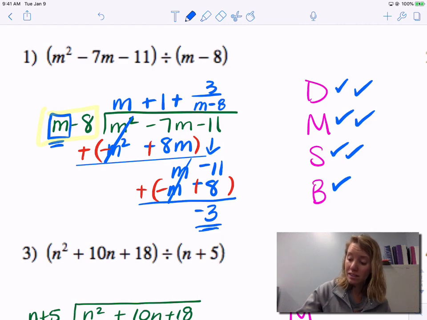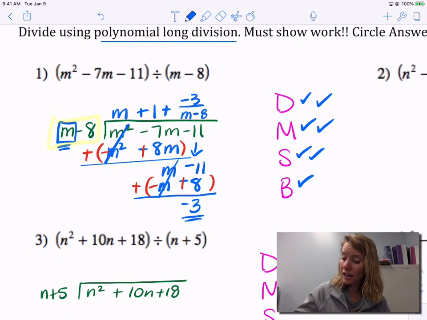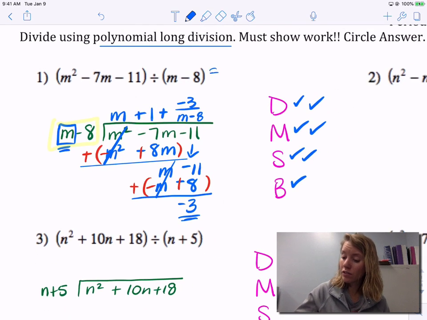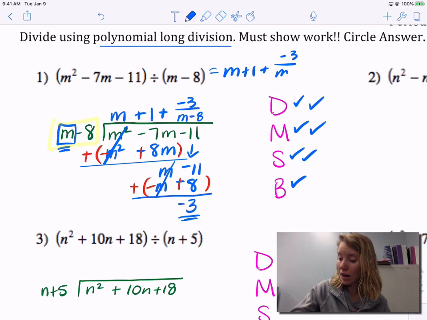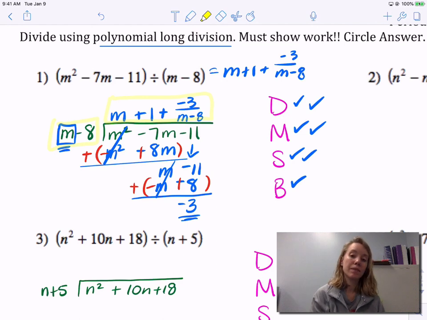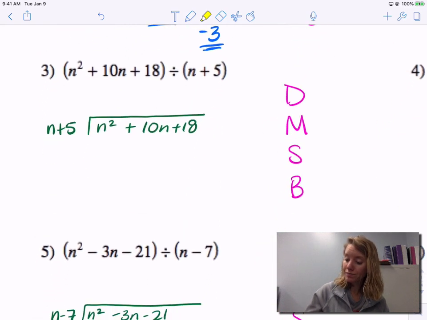But if I say plus a negative, that's the same thing as subtracting. So there's our answer. Our final answer for this question, number 1, is m plus 1 plus negative 3 over m minus 8. Usually we'll be okay if you just leave that right here for your final answer. Okay? Let's do the next one.